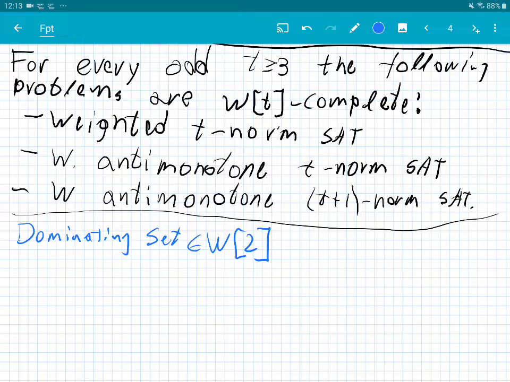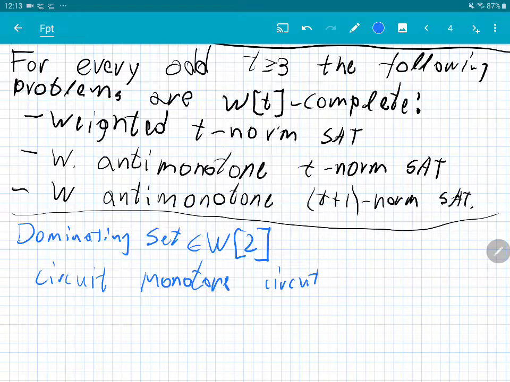Well, the thing to observe is that for dominating set, what I argued about set cover, the circuit is just a monotone circuit with two heavy gates, two large gates on any path.